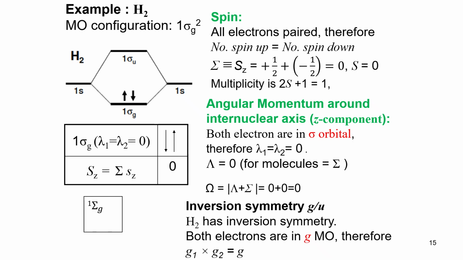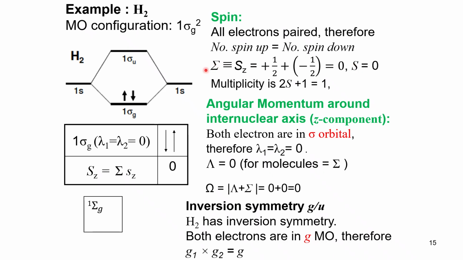Let's apply these concepts to the hydrogen molecule, which has the configuration of (1σg)². So we have the atomic orbital for hydrogen, and the molecular orbital for the hydrogen molecule. Basically, all the electrons are paired. Therefore, the number of spin up electrons is the same as the number of spin down electrons.